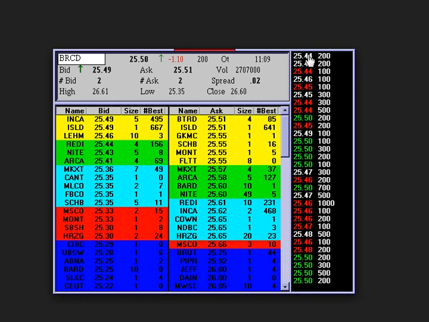And also what this tells you is that if you put in an order at that second, at that amount, you might be able to get your order fulfilled. And you might be able to get a profit right in that little split second, because right now the actual price of the stock is trading between 25.49 and 25.51, but orders are being filled at that lower price. But it's just something to keep an eye out for.